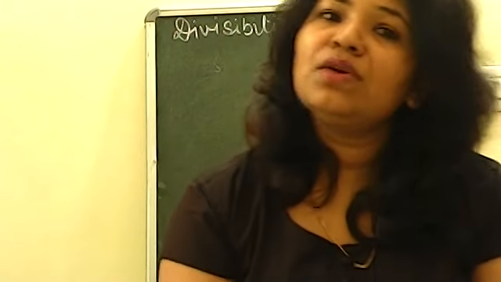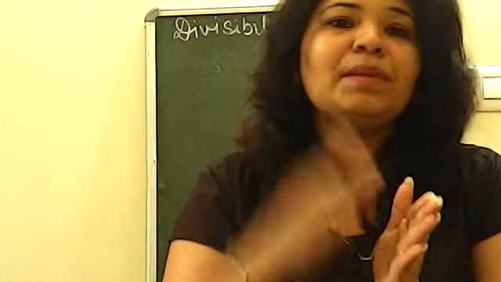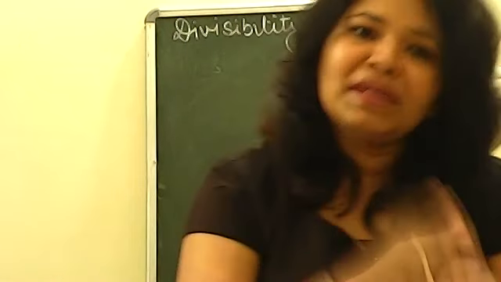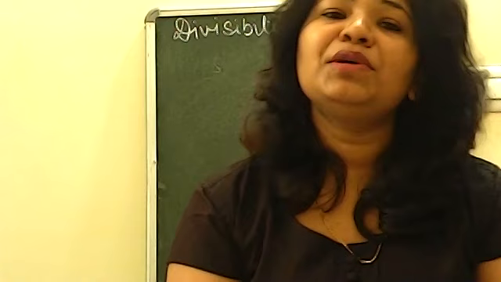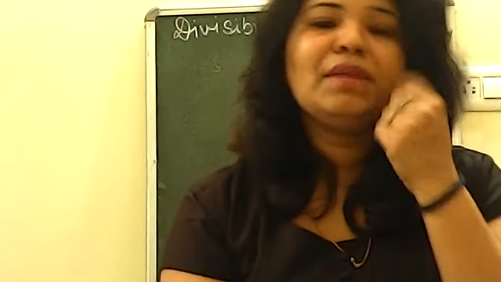I told you the reason as well why it happens: because 6 is equal to 2 into 3, that is, 2 3s are 6. So if any number is divisible by its factors, it will be divisible by that complete number also. If it fulfills both, that number will be divisible by 6 completely.